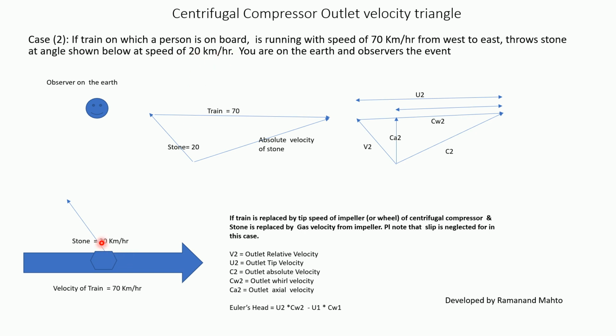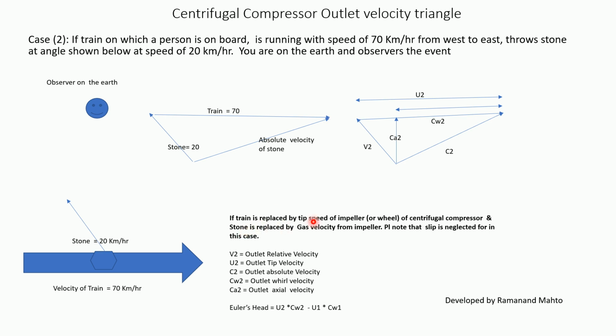You are on the earth and observe the event. That means the stone is thrown at 20 km per hour, and because of the train speed it is moving like this. This is the train speed, so the absolute velocity will be like this.